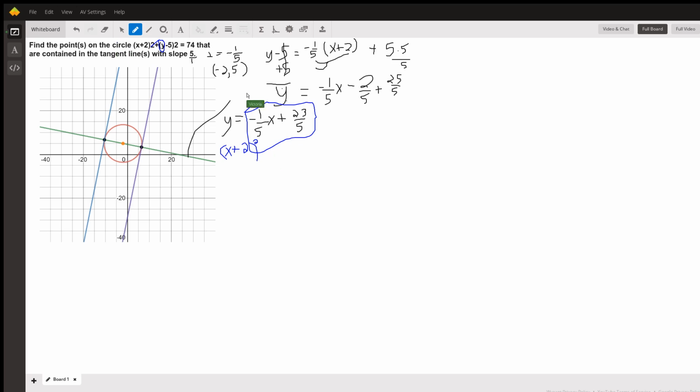Let's just do it this way. So we keep the x, but instead of (y − 5)², we are going to replace y with −1/5 x + 23/5.